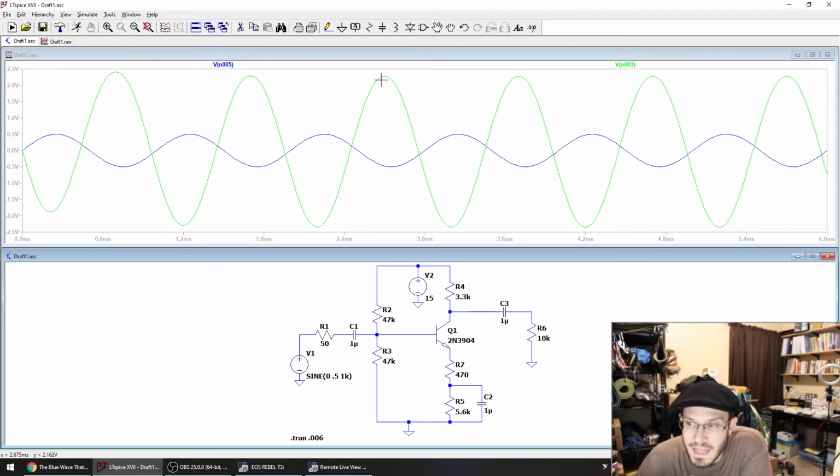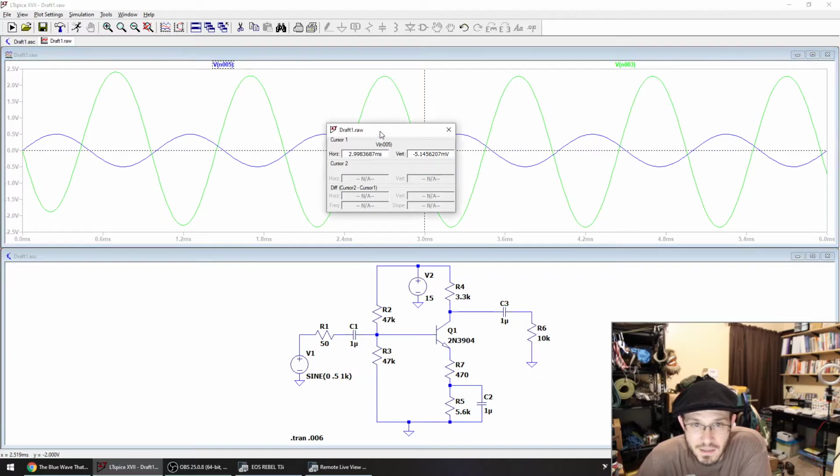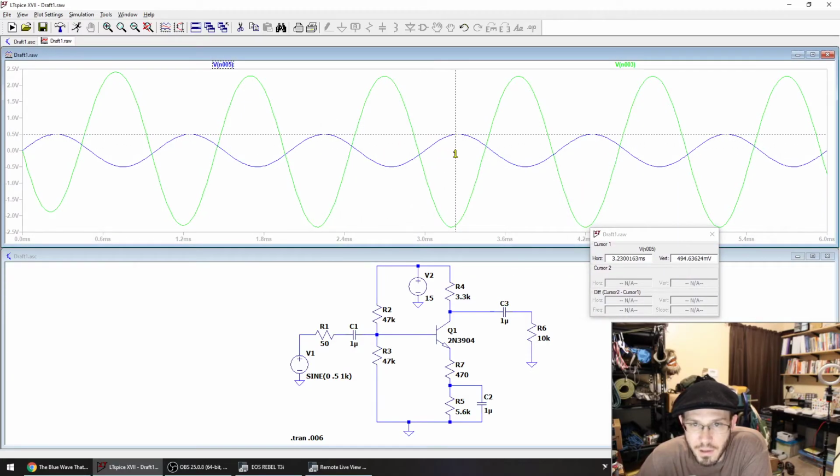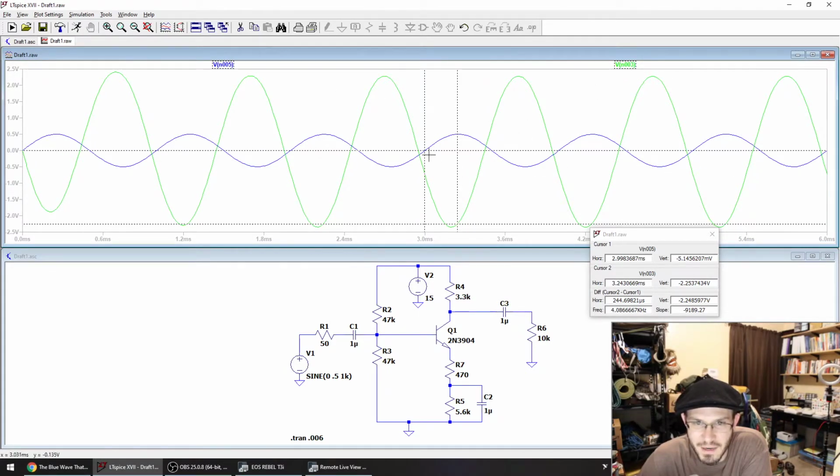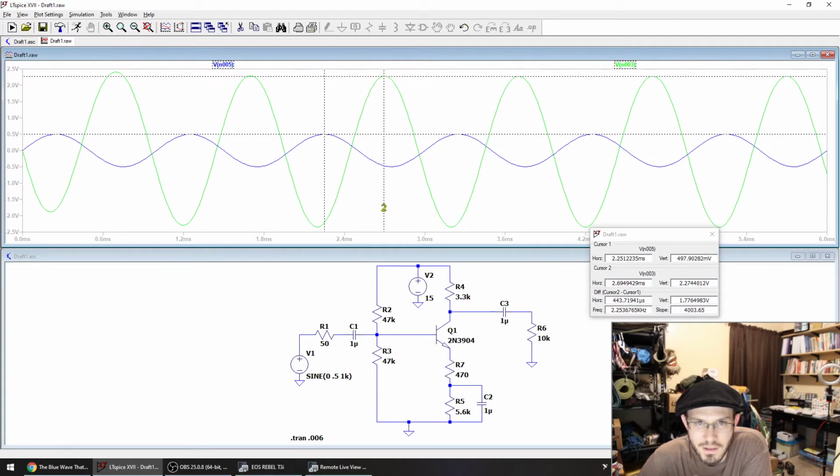So let's double check. Let's see what the amplification ended up being. Now that I'm looking at my output, I'm going to set up one cursor at the peak of my input signal, and let's click on the green one a second time. Switch back. There we go. All right, so let's measure the top of the blue and the top of the green.